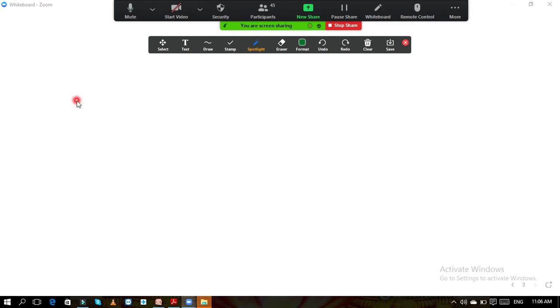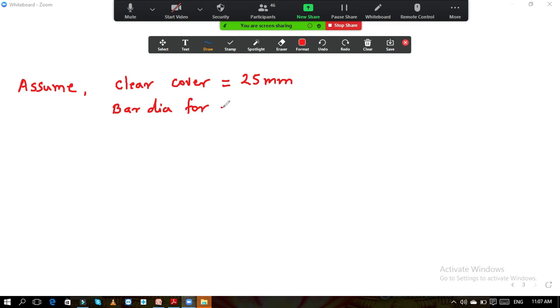Okay, so here what I am going to do, assume clear cover is equal to 25 mm. I will assume clear cover is equal to 25 mm. Then bar diameter for main reinforcement, I will assume this reinforcement as 20 mm bar diameter.